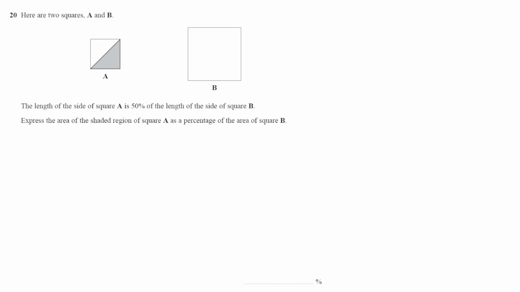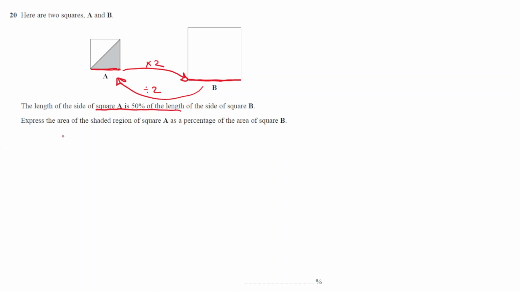Okay, so A is 50%, this length here, the side of A, is 50% of B. In other words, it's half of B. So I think what we could do, if this is dividing by 2 going from B to A, then this length must be multiplied by 2.